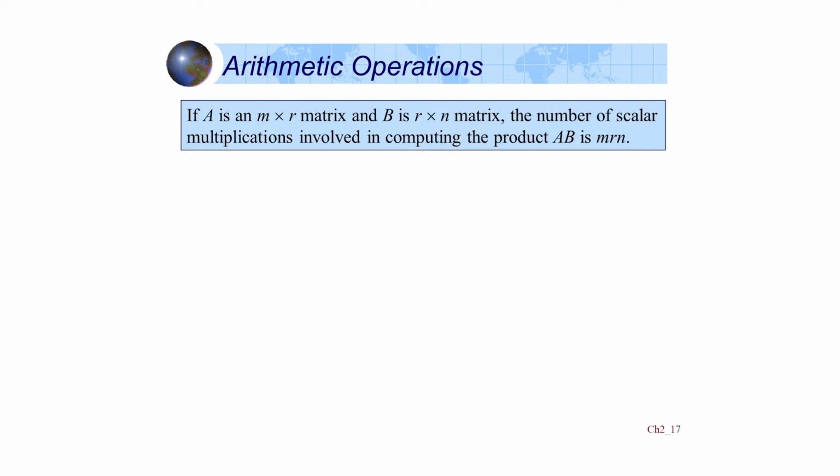We just count how many multiplications. Multiplication is a much more complex, much more difficult operation from the point of view of complexity theory. So how many multiplications are involved in computation of the product AB? M, R, N, if sizes are as above, M times R and R times N.